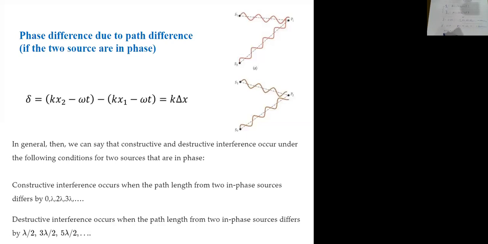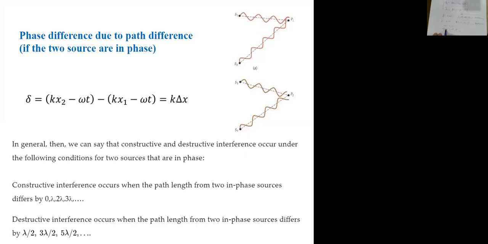Now remember, k is equal to 2 pi over lambda, right? k is the wave number, equal to 2 pi over lambda, times delta x. So then equals 0, 2 pi, 4 pi, etc. So 2 pi will cancel out here. It becomes 1, 2, and then 3, etc.